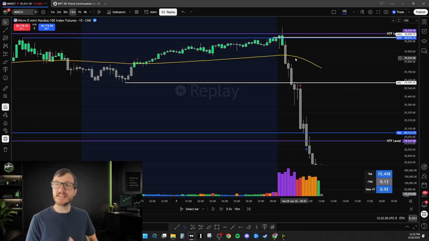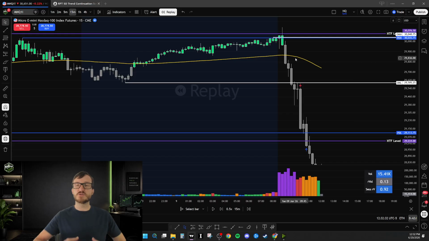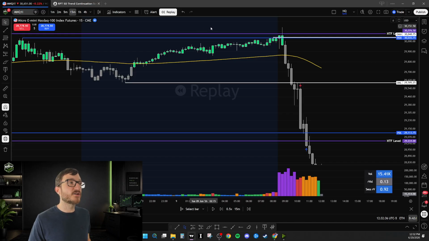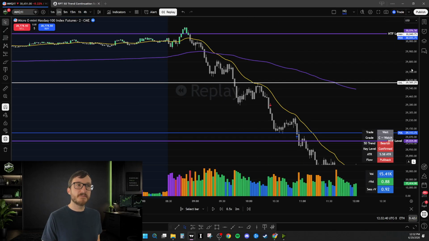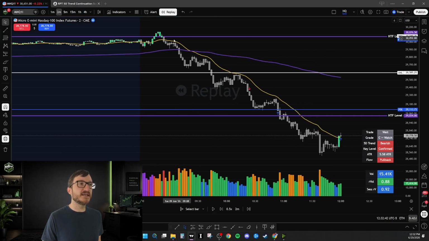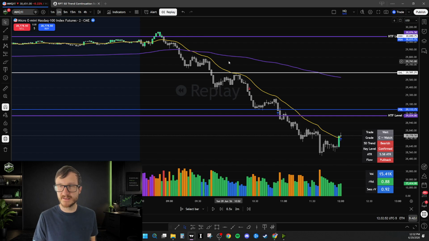Then I waited for key levels to break so things could really get heated up. My indicator tracked all that for me. I didn't need to necessarily zoom out. I knew because once it was failing in the beginning of the day, it started to tell me to wait, be patient, wait for the further breakdown, wait for key levels to break. And that keeps me on the right side of the trade.